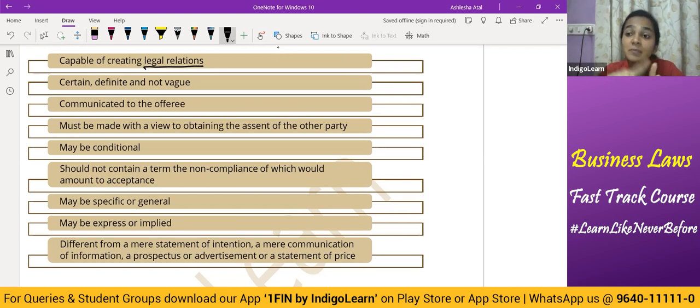So if you remember, the essential element in contract was an intention to create legal relationship. Even when an offer is being made, it will be a valid offer only when it is capable of creating legal relations and giving rise to legal consequences.